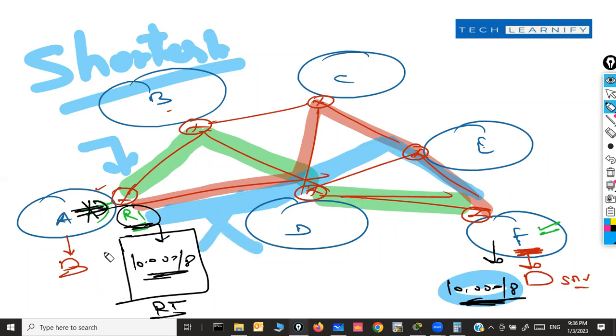Again, you'll have to modify the configuration manually, not feasible, right? Still, there are a lot of alternate routes to reach the network, but automatically the information will not be changed. Plus, if you have a total of 50 subnets or 50 different networks, just configuring routers manually would be a very, very difficult task, right?